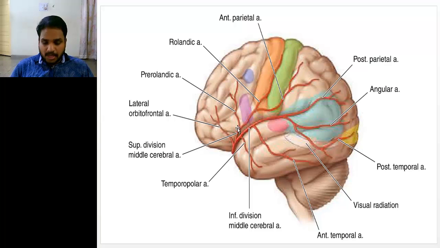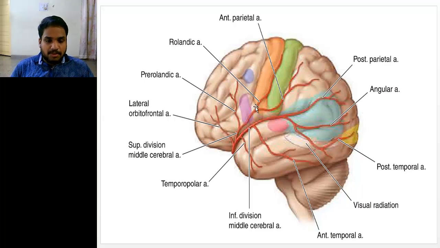The superior division supplies the frontal as well as the superior parietal cortex, while the inferior division supplies the inferior parietal cortex. This is the inferior division supplying the inferior parietal cortex. This is the superior division supplying the frontal as well as the superior parietal cortex, right?